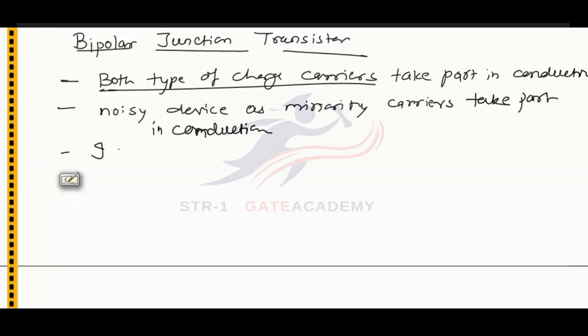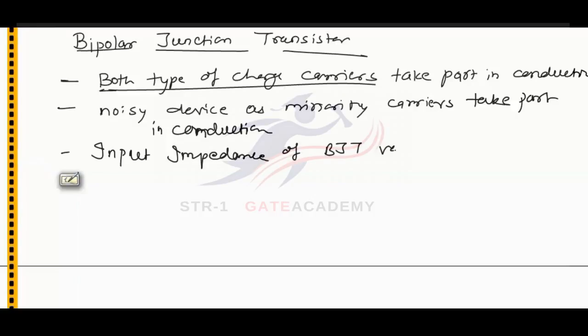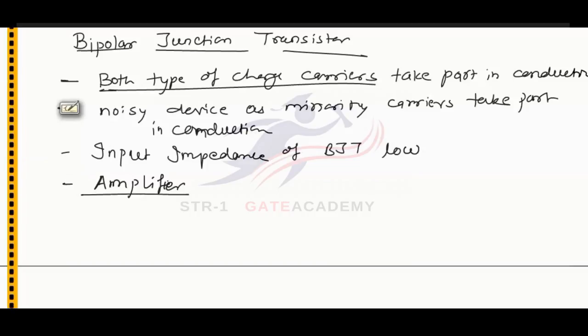Next, the input impedance of BJT is very low. Next, it is commonly used as an amplifier for amplification of signals. So these are the important points for the bipolar junction transistor, which can be asked in examinations.